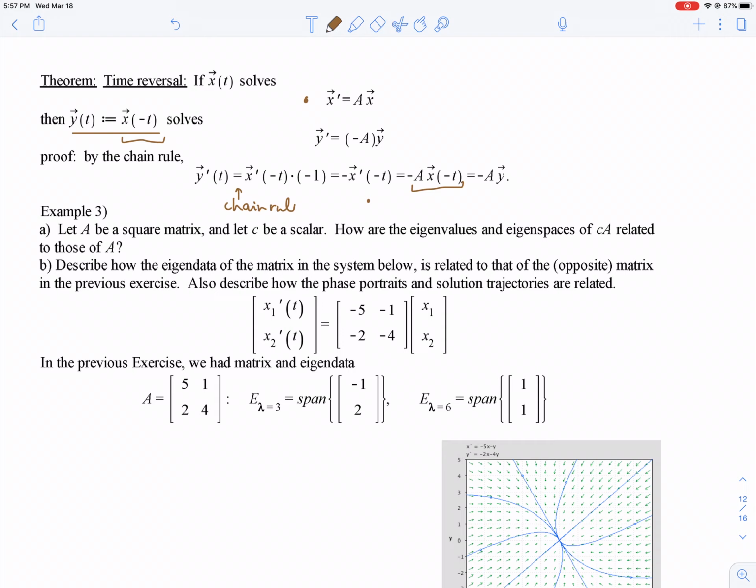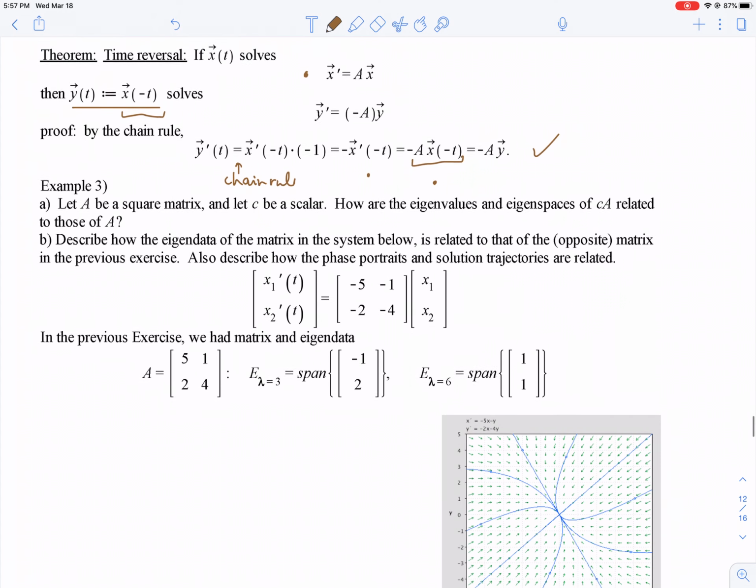But then we also had the minus in front. Okay, so that gives this equality. And then x of minus t is what we were calling y of t. And so we can rewrite that as minus A times y. So y prime is minus A times y, just as we claimed.